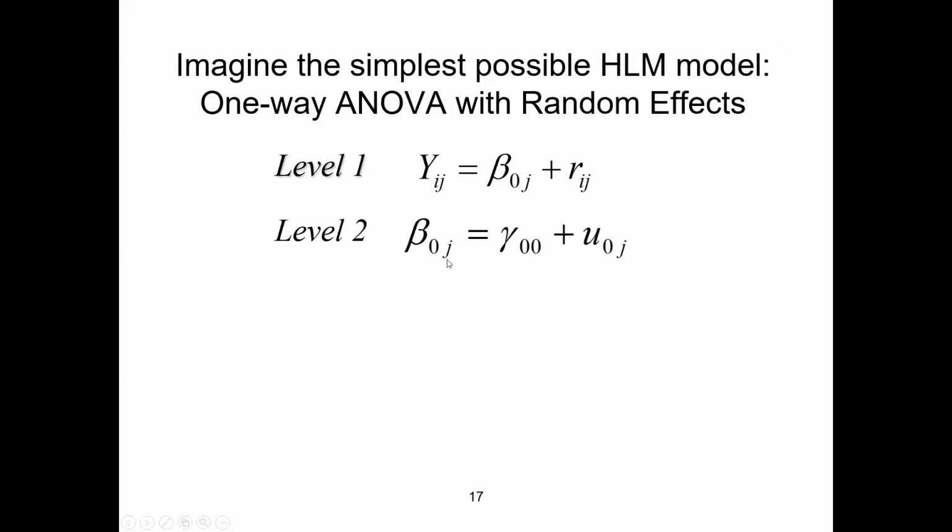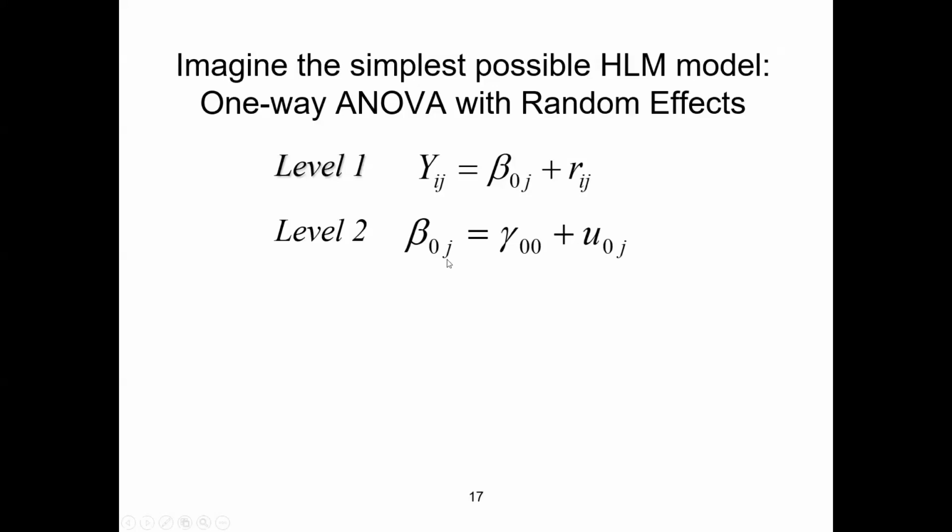If we look at the level 2 equation, we take beta sub not j, which was a predictor in the level 1 equation, and we make that an outcome variable. Now we're predicting beta sub not j, the cluster mean or the cluster's intercept, as a function of gamma not.